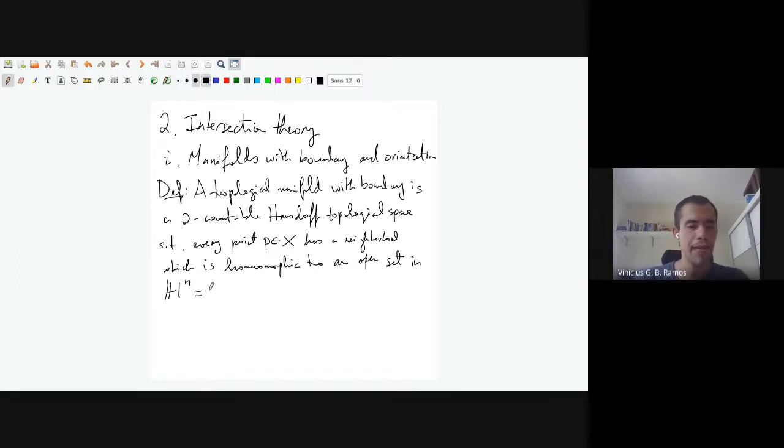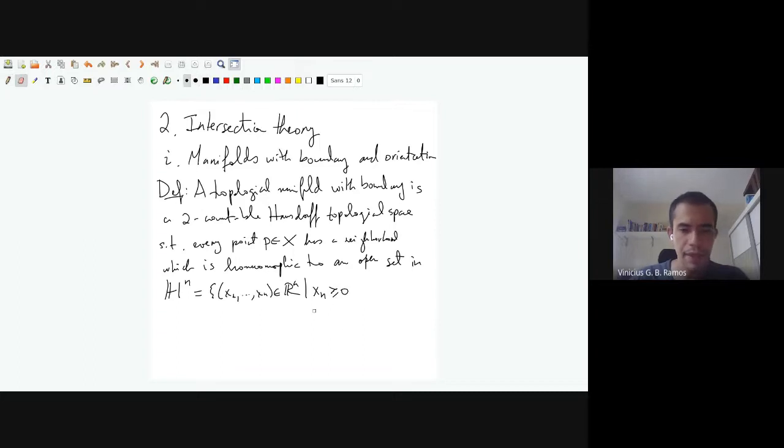So that's the upper half space, the set of points x1 through xn in Rn such that the last coordinate xn is greater than or equal to 0.